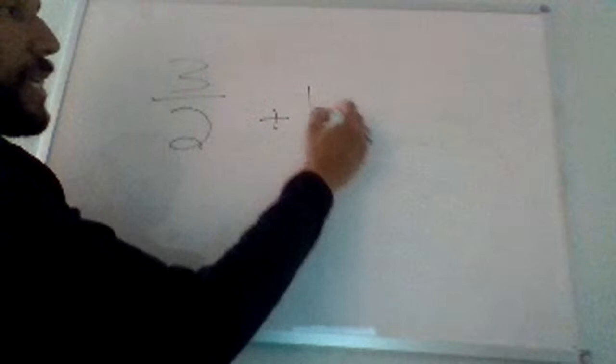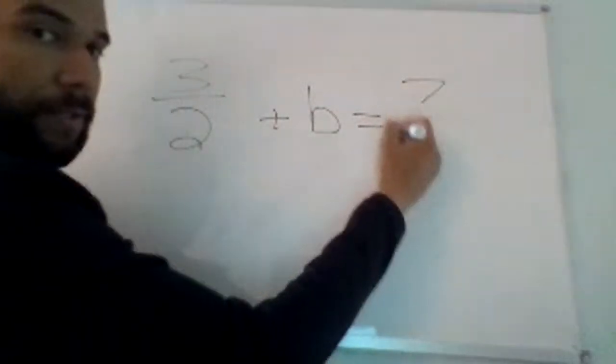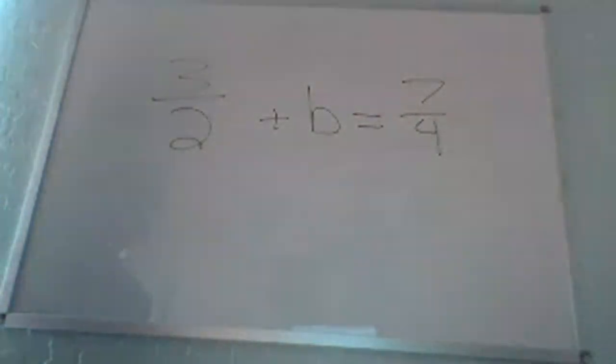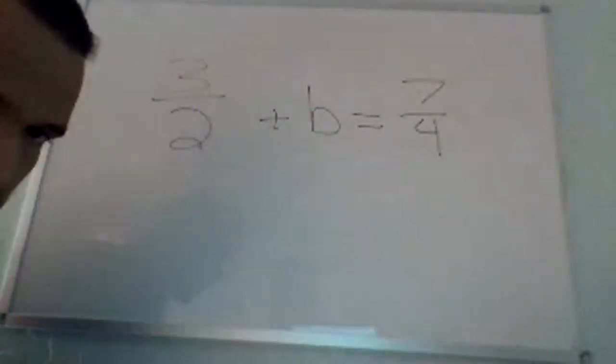Got it. So let's look at 3/2 plus b equals 7/4. Multiple things you guys can do here.